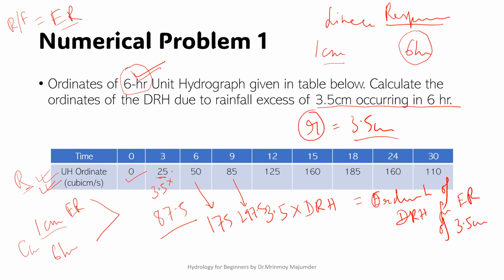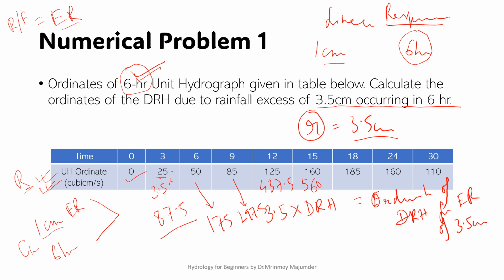Then 125 into 3.5, 437.5. Then 160 into 3.5, it is coming nearly 560, and so on.